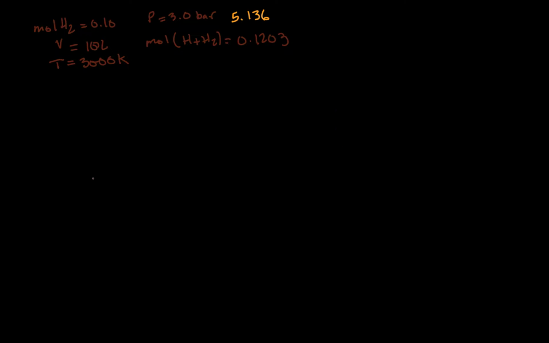We don't have information to directly determine how much of each there is, but we can write an easy expression for this. Your original amount of moles of hydrogen, there's no other hydrogen being introduced. So the diatomic hydrogen is going to lose some component, which splits in two to form the moles of monoatomic.